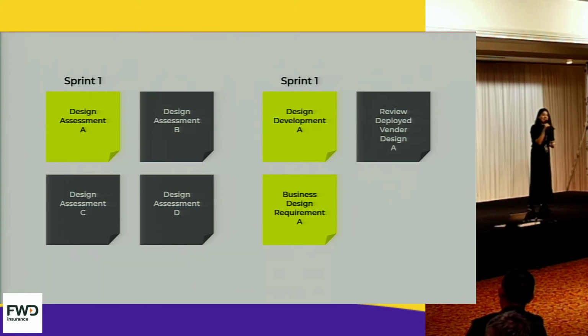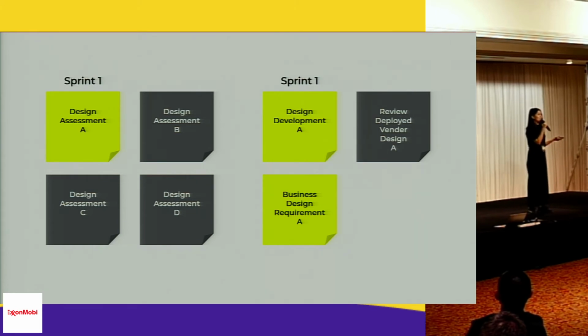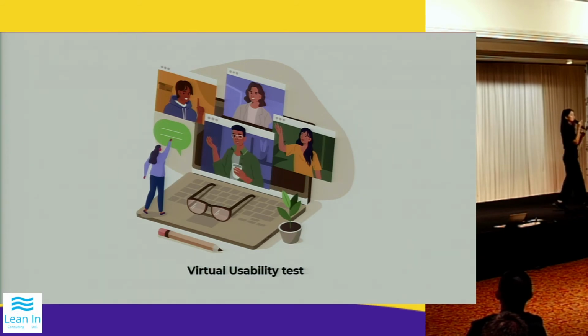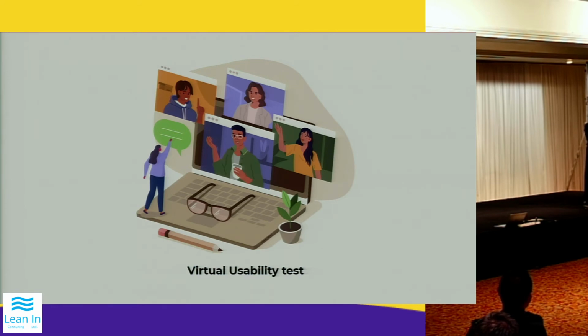And the last one, as a UX, we have to test with the users, right? So in each quarter, we will have one or two UATs with the users. So I have to convince my product owner to let me have one-on-one sessions with the users to do the usability test.